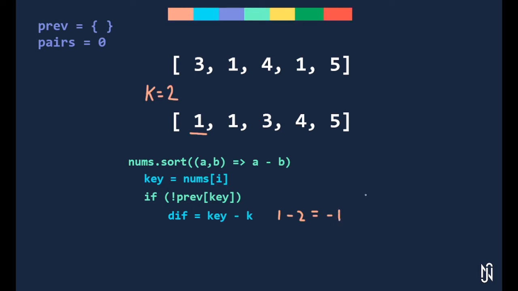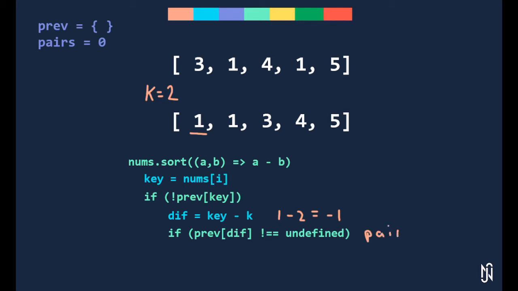Now, with this difference variable set, we're going to want to check if difference is inside the previous object. So we're going to create a new conditional saying, if previous[diff] does not equal undefined, so if it does exist in the previous object, then we're going to want to increase our pairs by 1. So we're going to do pairs plus plus.